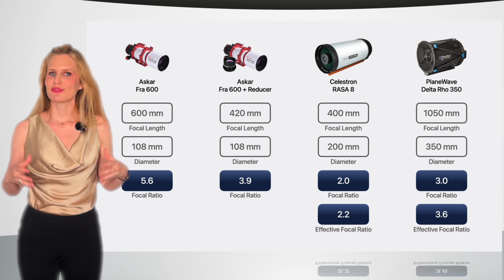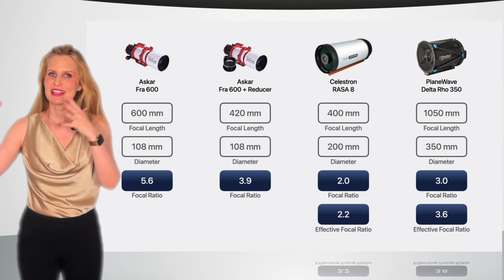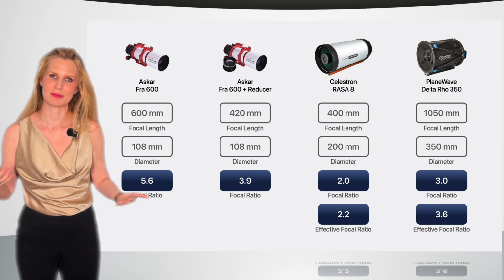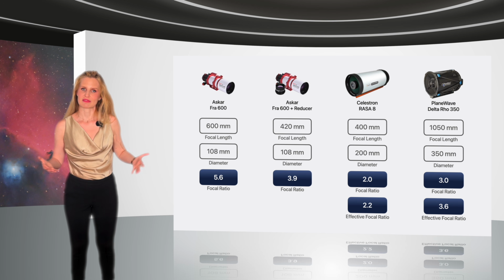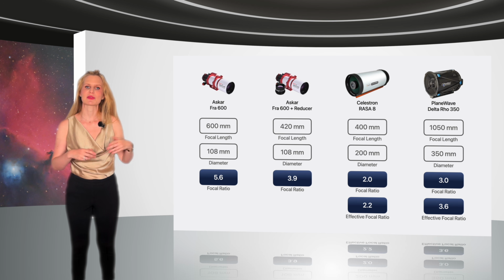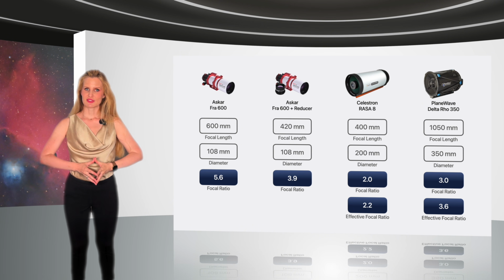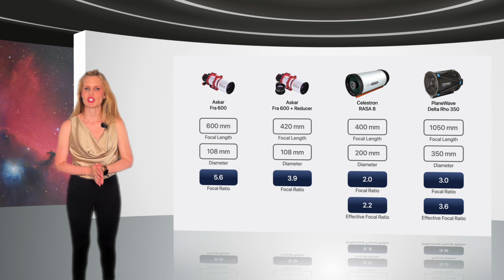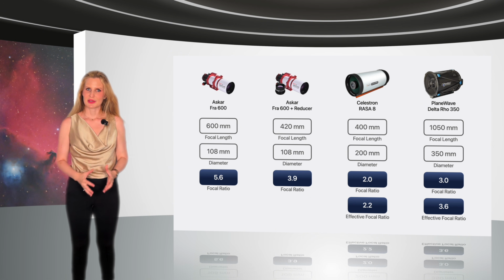So while the focal ratio decreases, the effective collecting area does not improve. Next, consider the popular Celestron RASA 8. On paper, it has an impressively fast focal ratio of f2, but once we factor in the central obstruction, the effective focal ratio becomes f2.2. That's a small difference, not a deal breaker, but still worth noting.